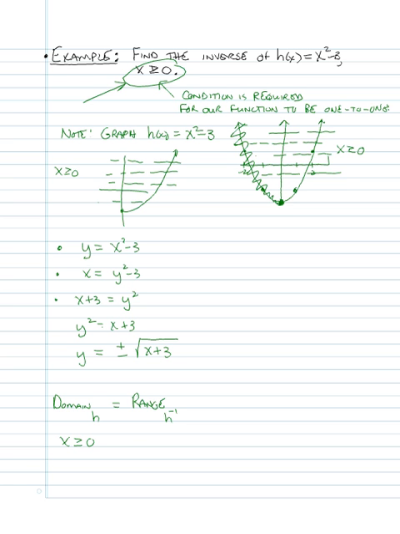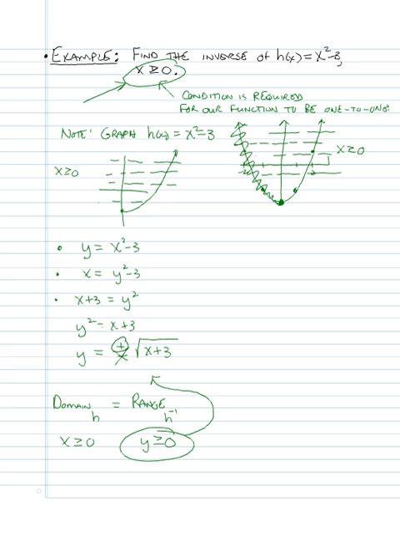Well, now ranges are y values. See, so the range of h inverse, instead of being x is greater than or equal to 0, is y is greater than or equal to 0. Now that we know what y's are in our function, that tells us up here that we don't need to consider negative square roots because our y's have to be positive. And so that means we know that it's only going to be positive.